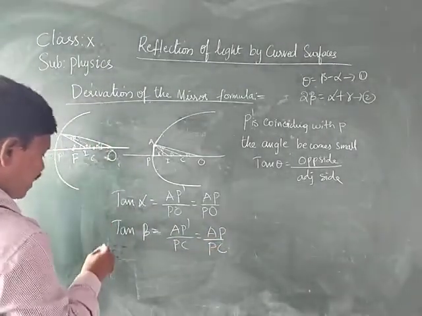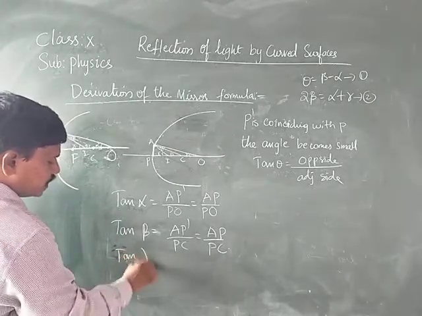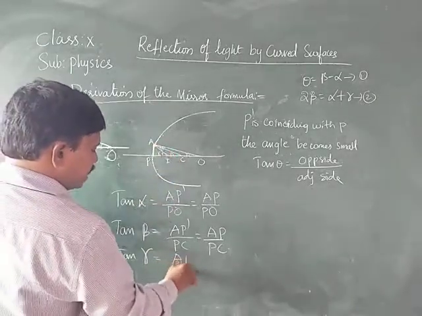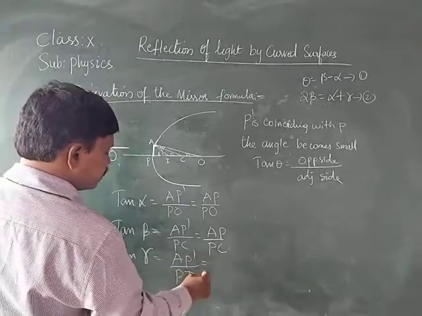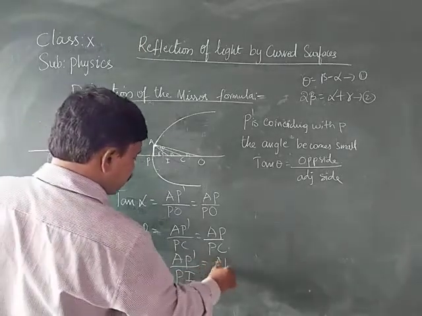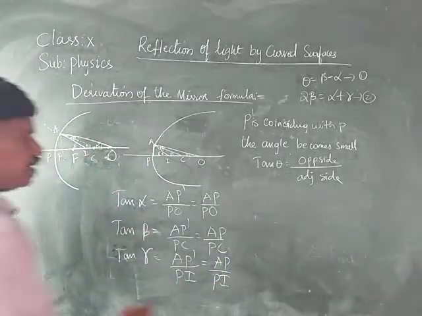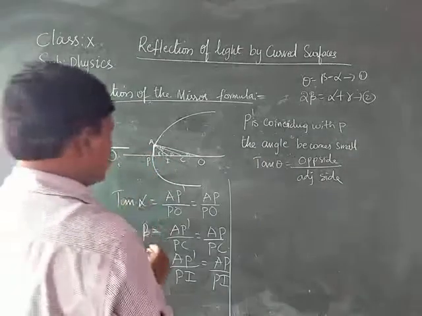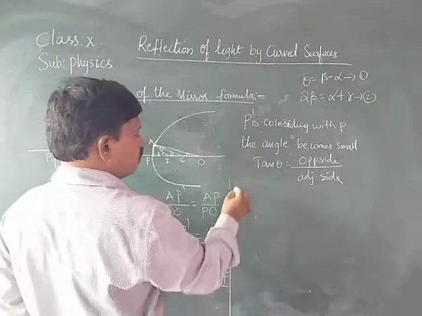And in the same way, tan gamma is equal to AP dash by PI, that is equal to AP by PI. As this is coinciding with this one, the angle becomes very, very small.